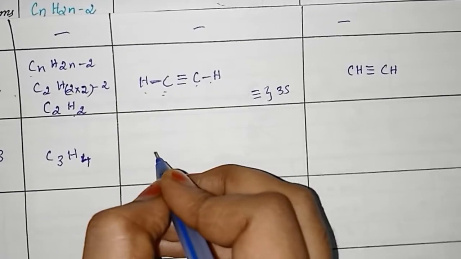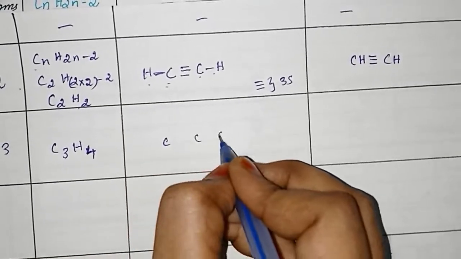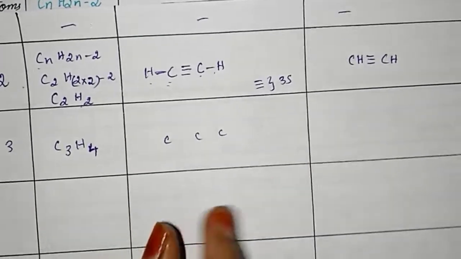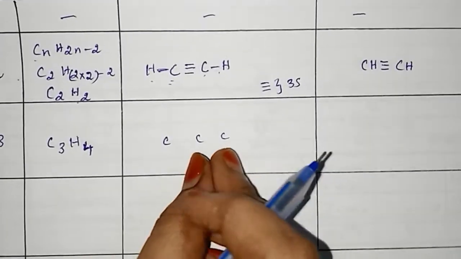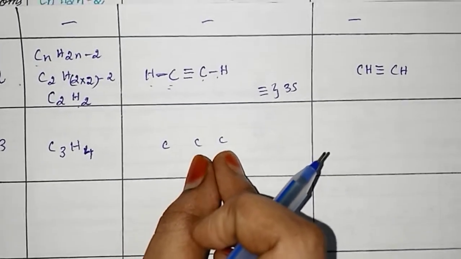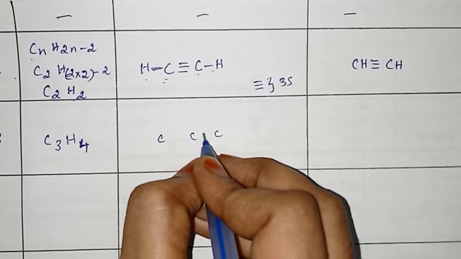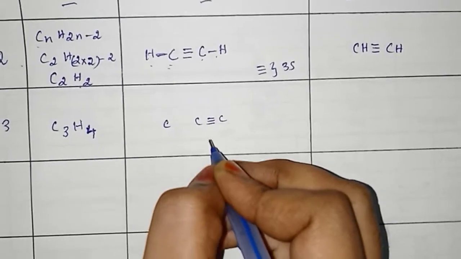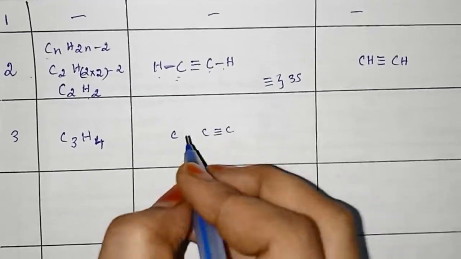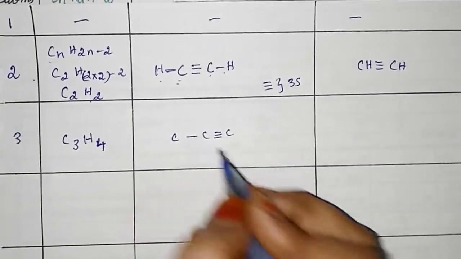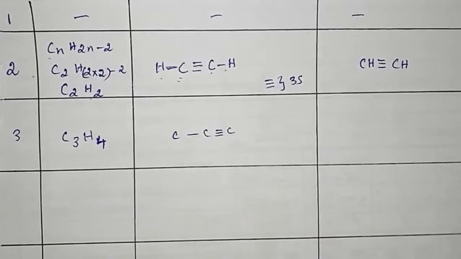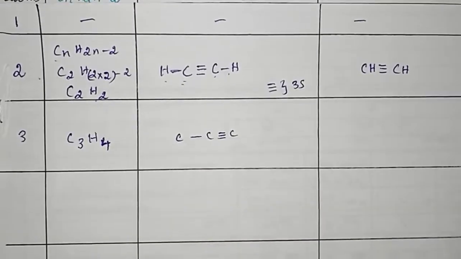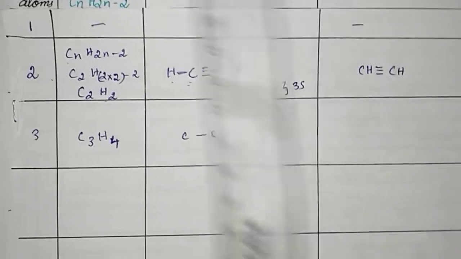How many carbon atoms are there? 3. 1, 2, 3. Next we fix the triple bond. In that case I take the last 2 carbon atoms, and in between the last two carbon atoms I draw the carbon-carbon triple bond, and the remaining carbons are linked by a single bond. Okay, this is the carbon skeleton. Next we write the framework.